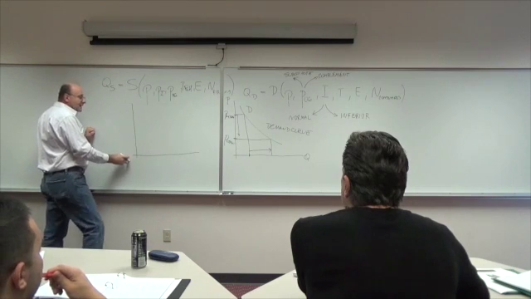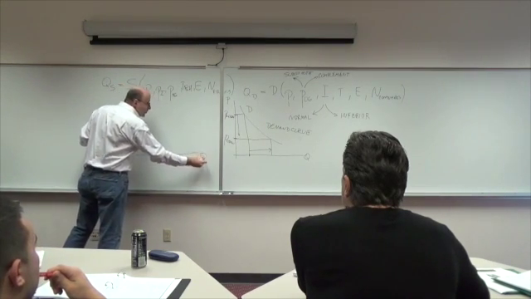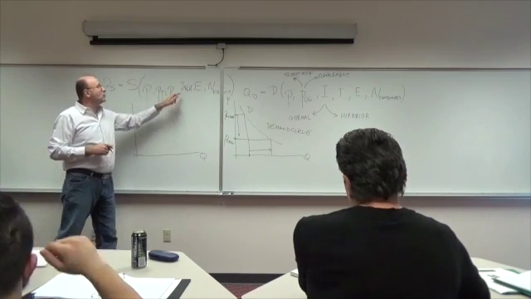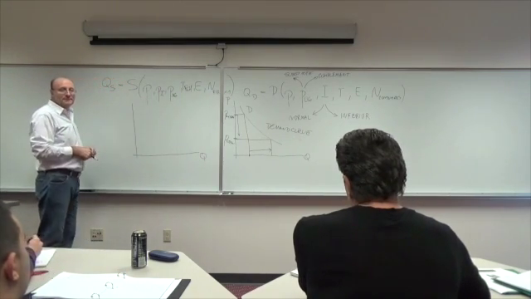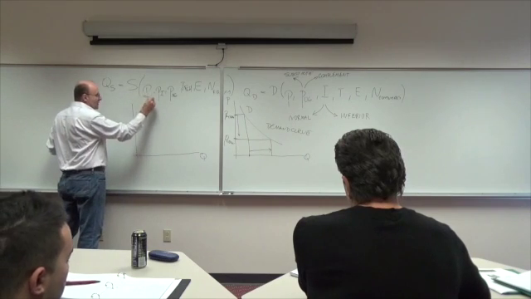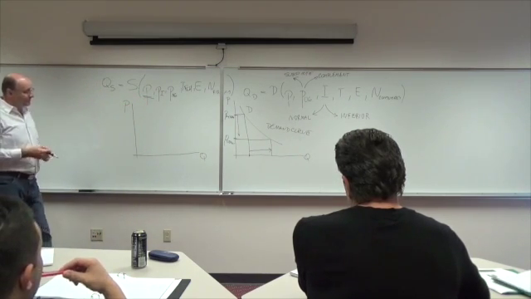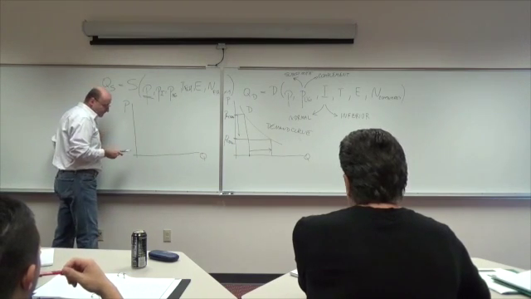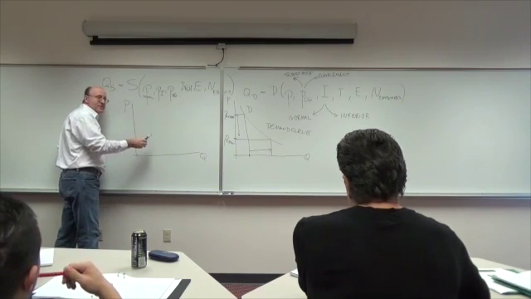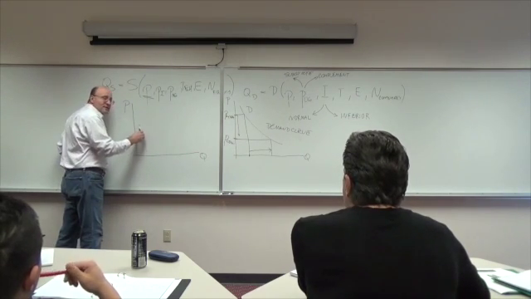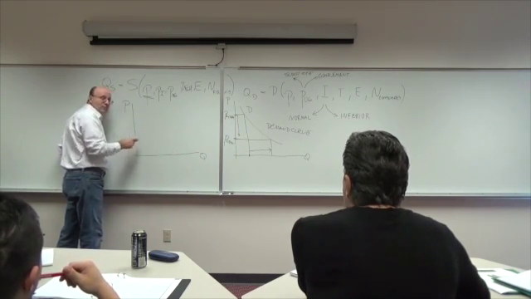On the horizontal axis is going to be quantity supplied. On the vertical axis, the single most important variable. Which one is it going to be? Price. Yes, not surprisingly, it's going to be the price of the good. And now the question is, would you expect the farmers to be willing and able to produce more corn as the price is rising, or less corn as the price is rising?